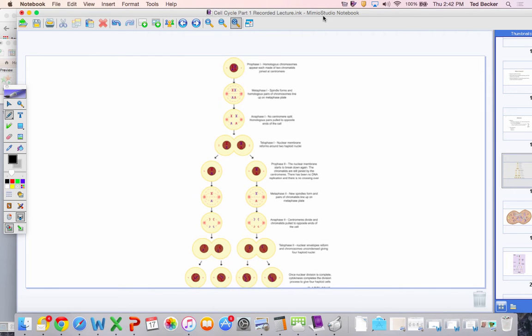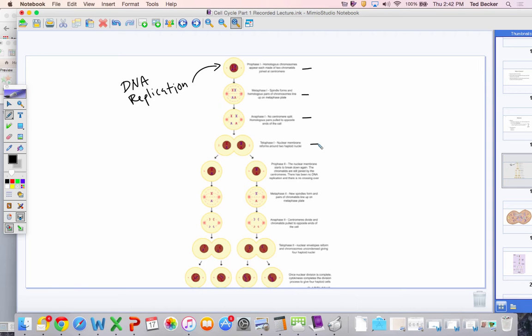So here's the process of meiosis. DNA replication happens, just like before mitosis. And then the process begins with prophase, and then metaphase, anaphase, and telophase. And then there's a division process, and there's another division.